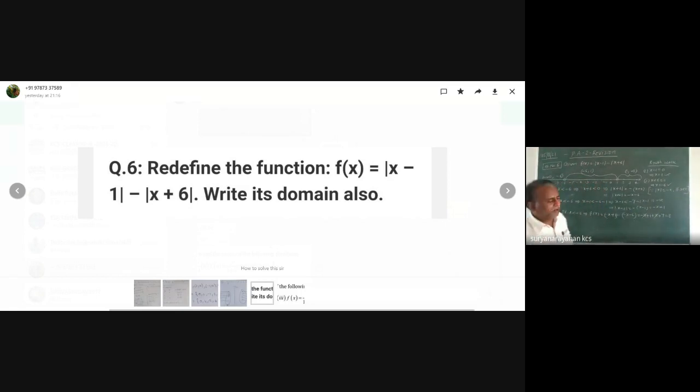We define like this. Next, if you take x values in this interval, then how can this function be written? This is case 2.